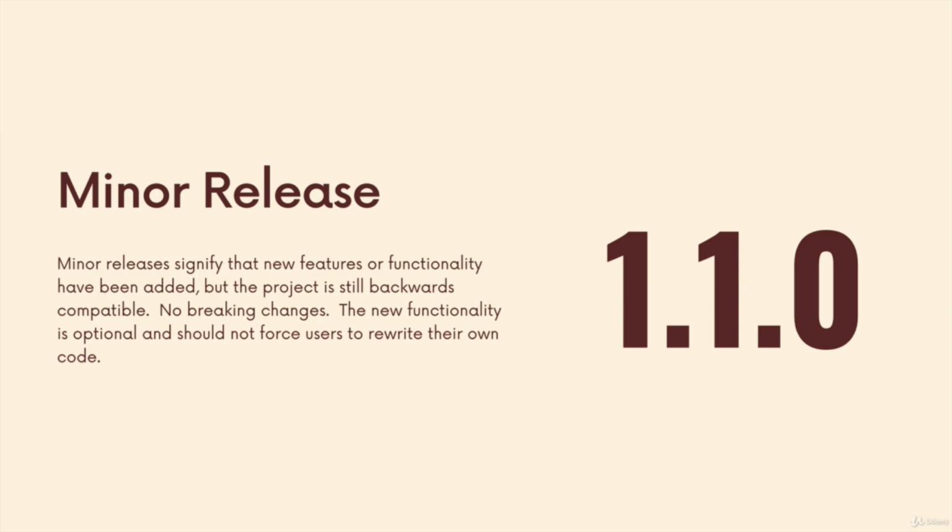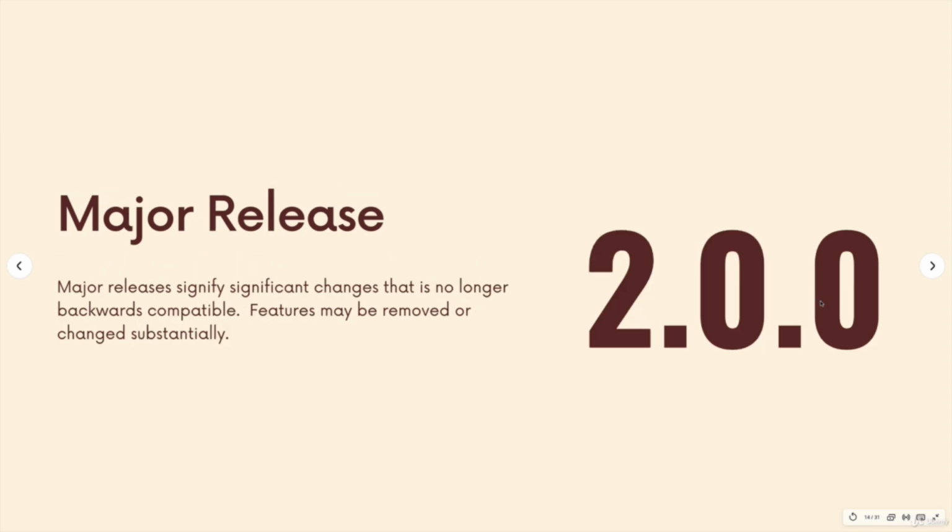You don't have to rewrite code, but you could add this in. So that's what minor releases are for. And whenever there's a minor release, you're supposed to reset the patch number back to 0. So then you could have 1.1.1, 1.1.2, 1.1.3, but then as soon as there's a new minor release, 1.2.0.